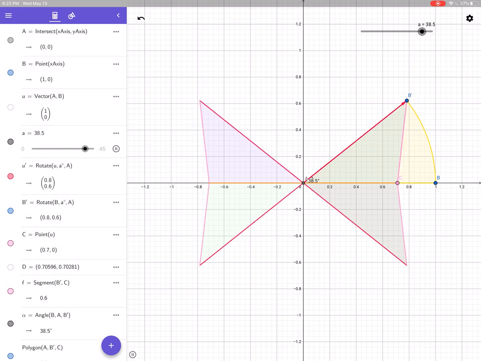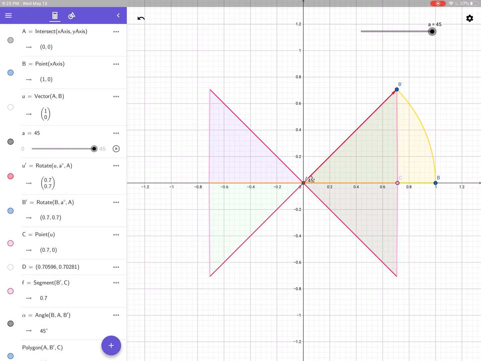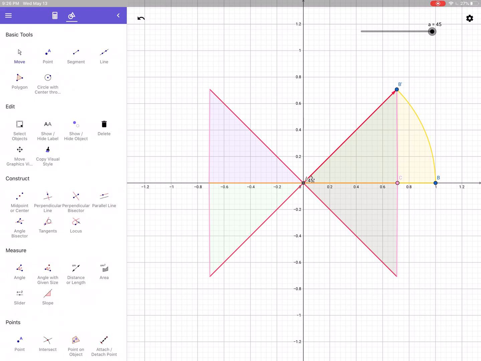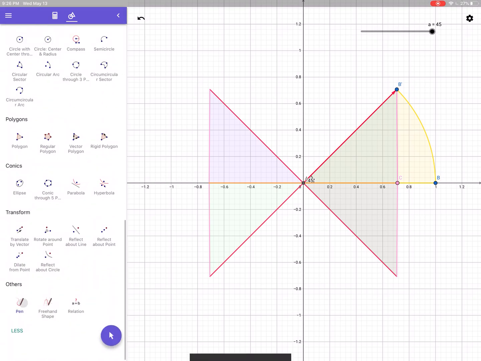That's very important. Now, because this is a 45-45-90 triangle, we actually can label one of these points specifically. And we'll get into why a little later, or maybe in another class, depending on the year, but we know that this B prime is at the square root of 2 over 2, comma, the square root of 2 over 2. Now, where am I getting those?